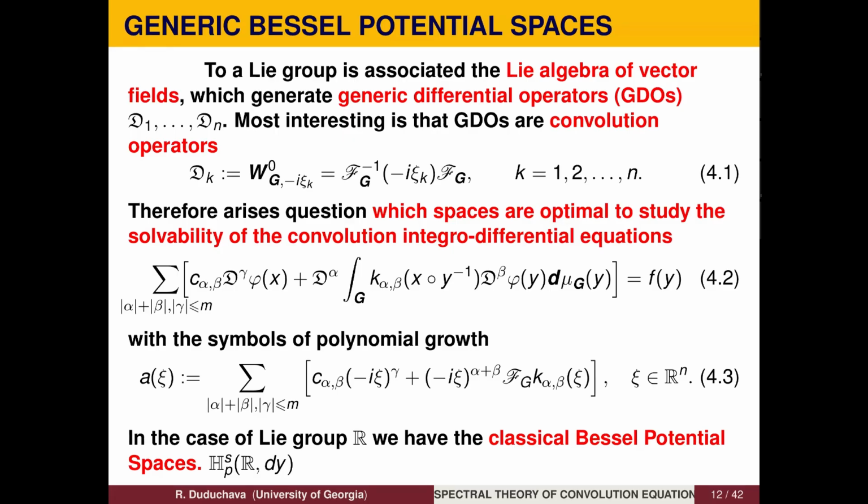So there arises a question. We have now convolution operators, we have generic differential operators, and we organize such an equation where we have convolution on the Lie group. Convolution is x multiplied by y, a group operation, with y to the minus 1. And then also differential operators participate, they are also convolutions.